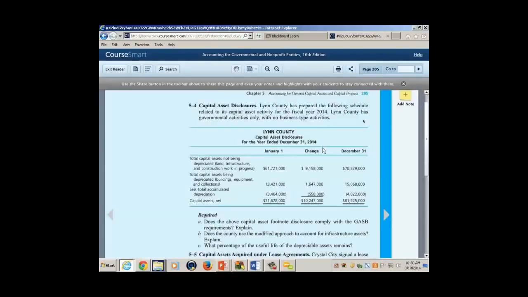Very good. Yeah. Doesn't separate that. What else? Does not differentiate between acquisition and disposals. It shows it as one column. Very good. What else?